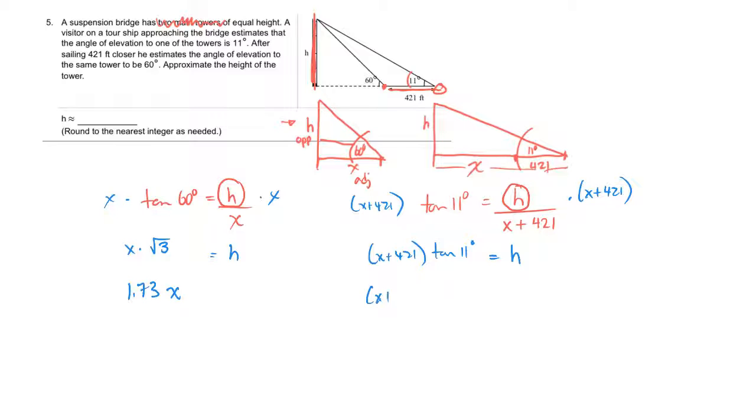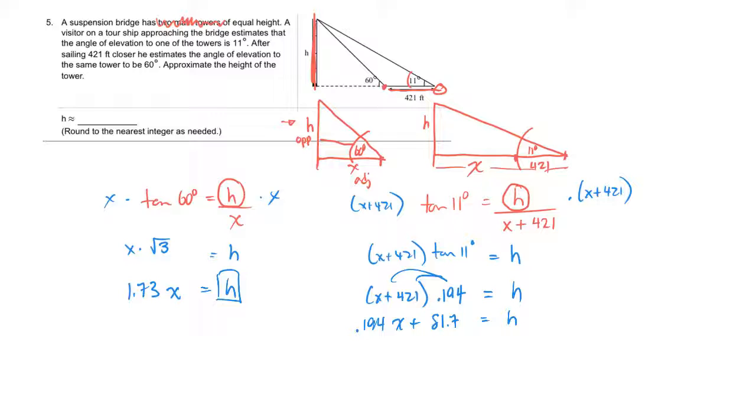So this would be x plus 421 times 0.194, equals h. Let's distribute that. So that'll be 0.194x plus 421 times 0.194, 81.7, call it, equals h. This is equal to h too.